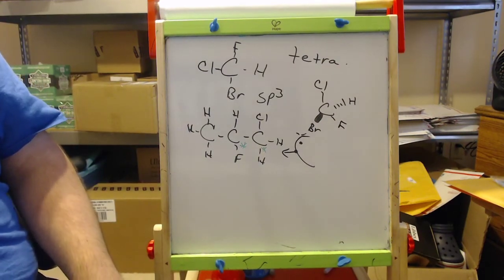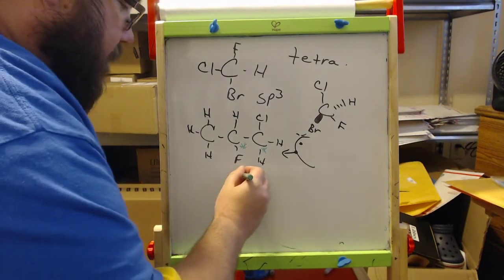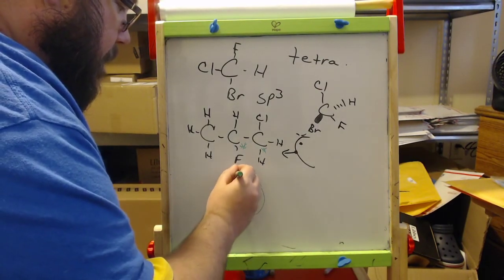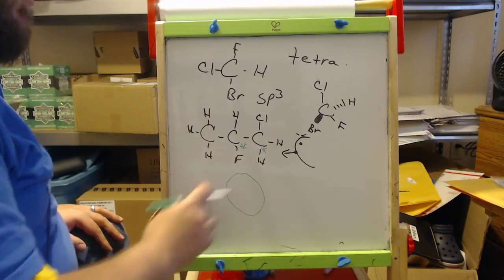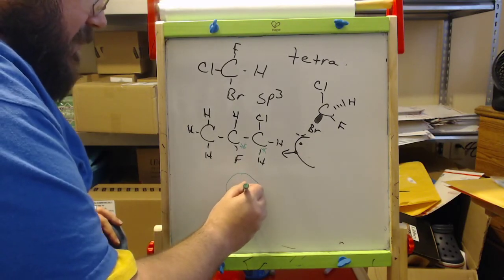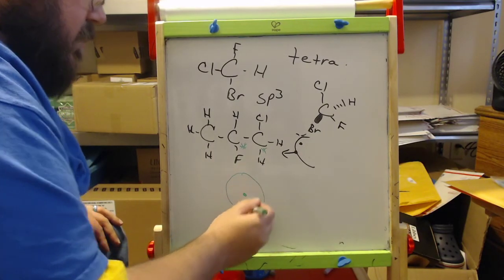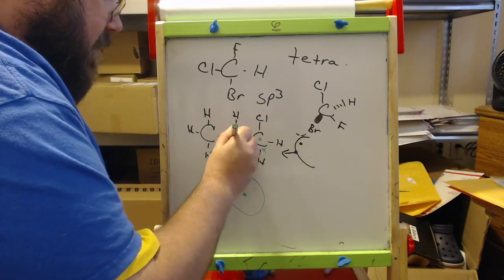We are ready to roll. Draw a circle like so. That represents the second carbon. The circle is literally the carbon. And there's a dot. This carbon is the dot. This carbon is the circle.